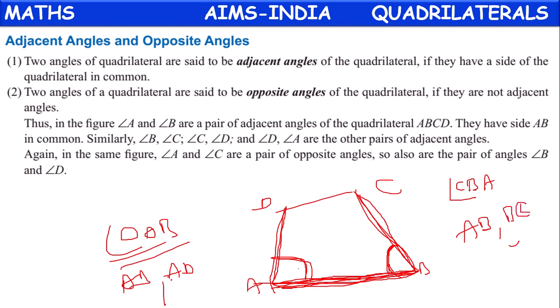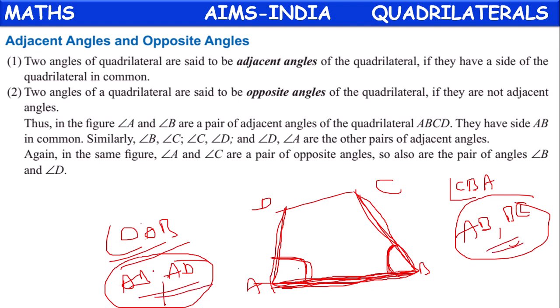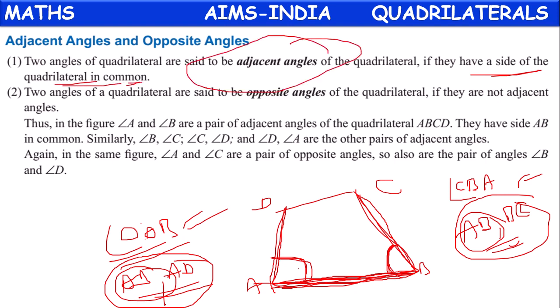If we compare the sides of the angles, one side is common: this AB side is common to both the angles. So if they have a side of the quadrilateral in common, they are called adjacent angles. These two angles have the AB side as common, so they are called adjacent angles.